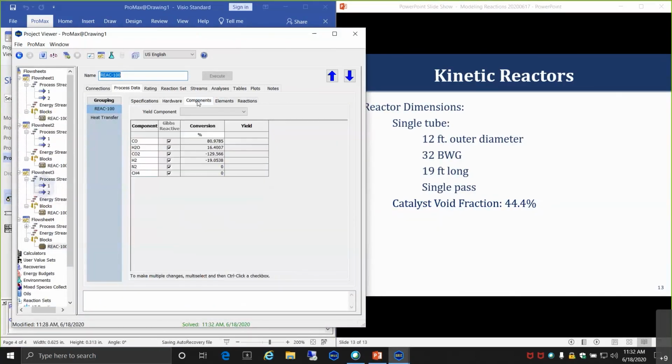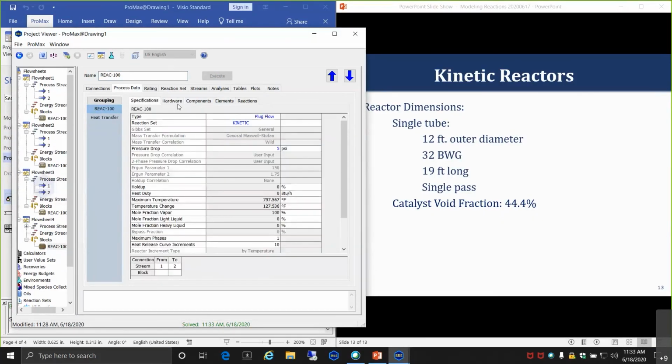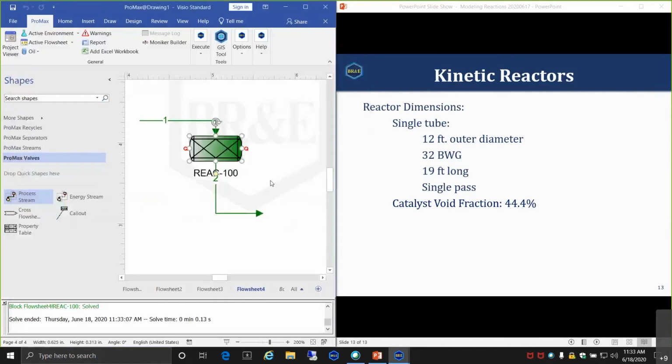And now, again, you can see that we're pretty much reaching equilibrium here. But if we were to come in here and reduce this and say it's only 5 feet long and execute, being very, very finicky. But we could also come in and reduce our temperature a little bit.